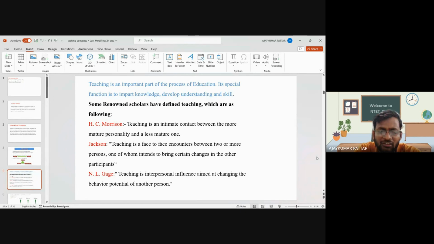Influence will happen from one person to another person, aimed at changing the behavior potential of another person. Your personality influences me, and if I change my behavior, that is teaching according to N. L. Gage.